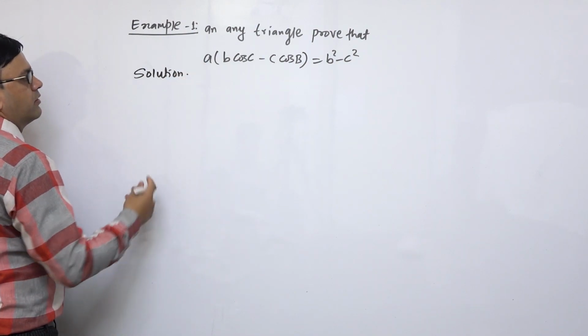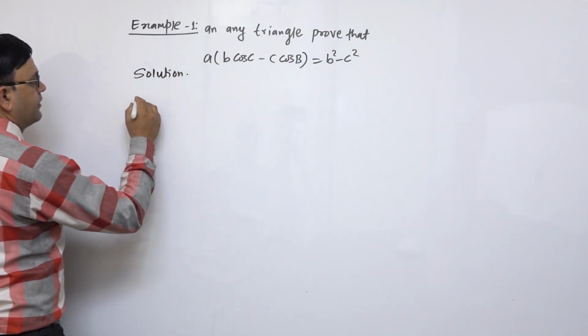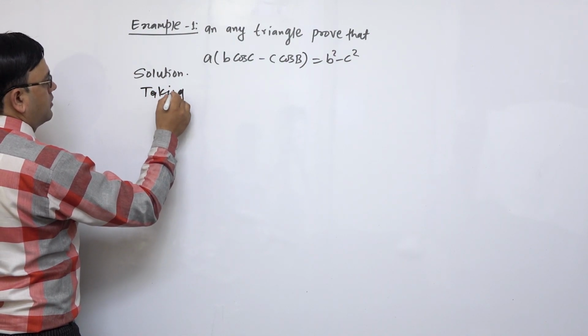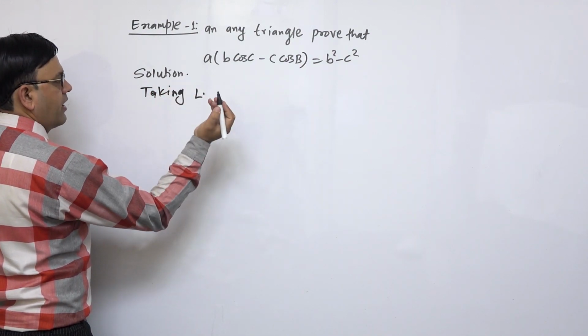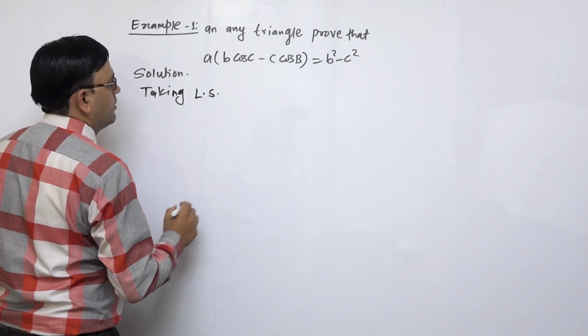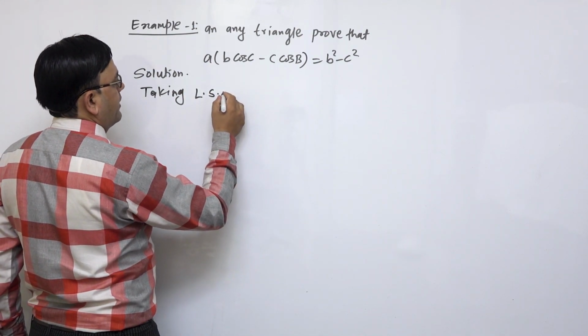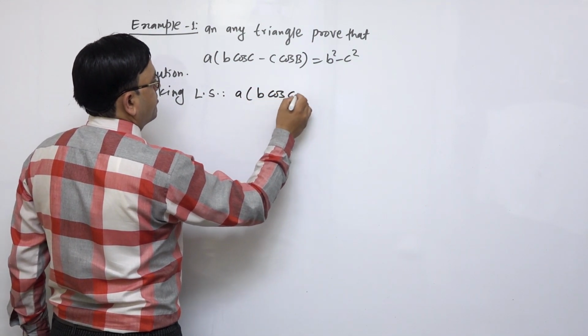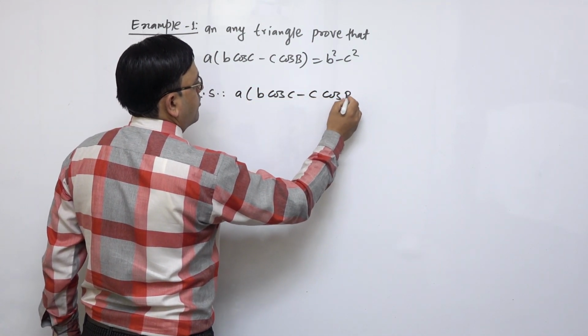Taking the left side, we have a(b cos C minus c cos B).